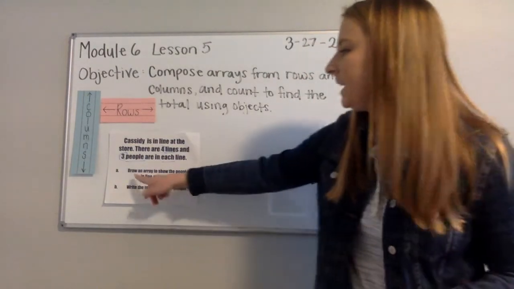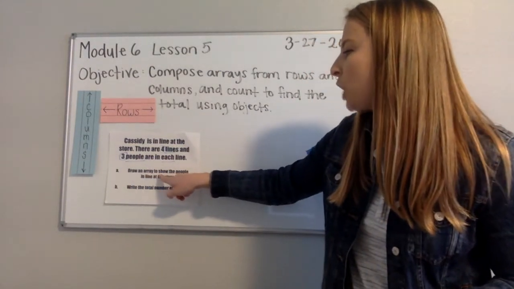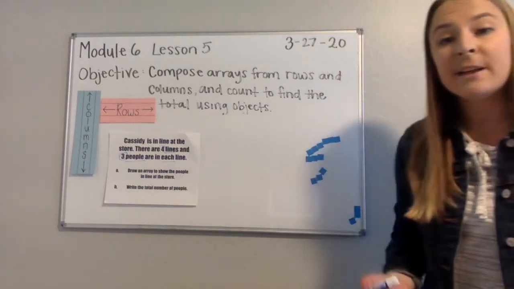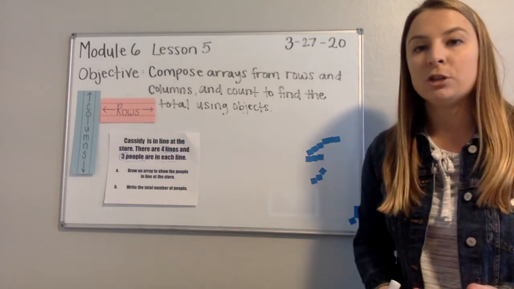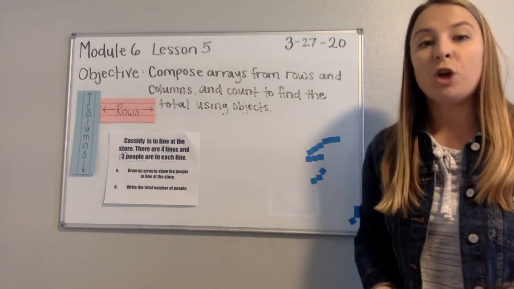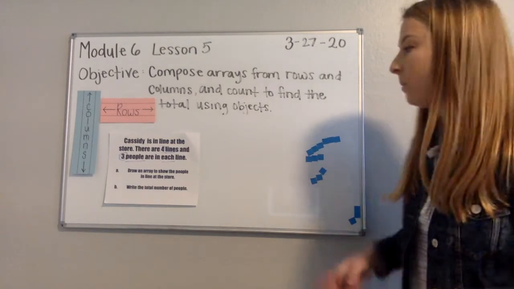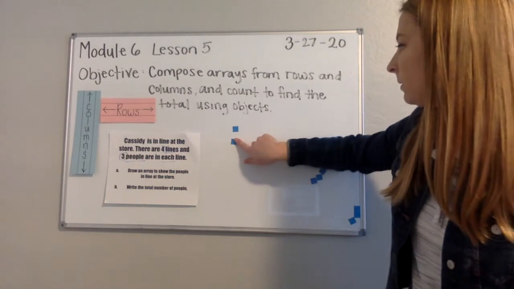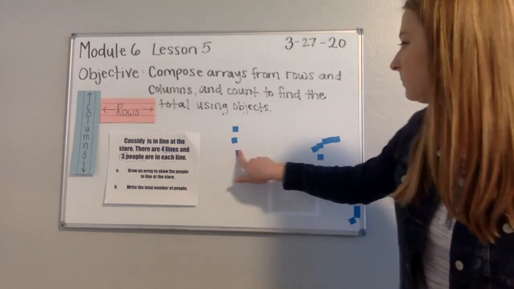Part A is asking, draw an array to show the people in line at the store. Instead of drawing, I'm going to use my counters. You can use your manipulatives, or you can go ahead and create a drawing to show the model that we'll create for this word problem. I know that there are 3 people in the first line.